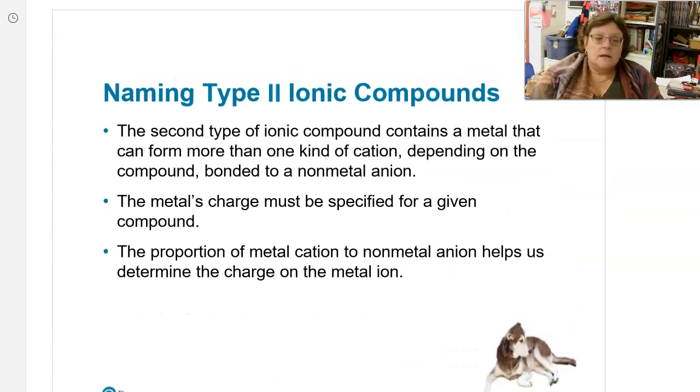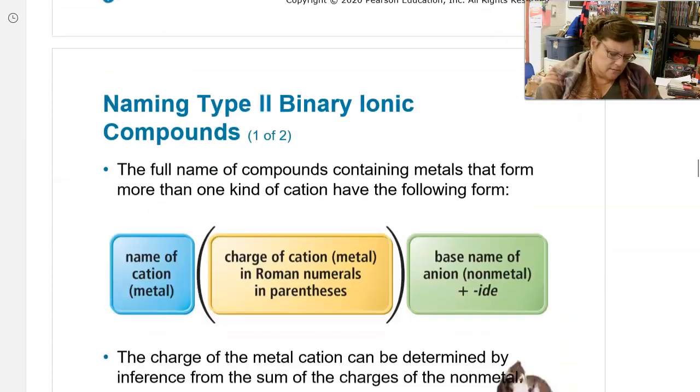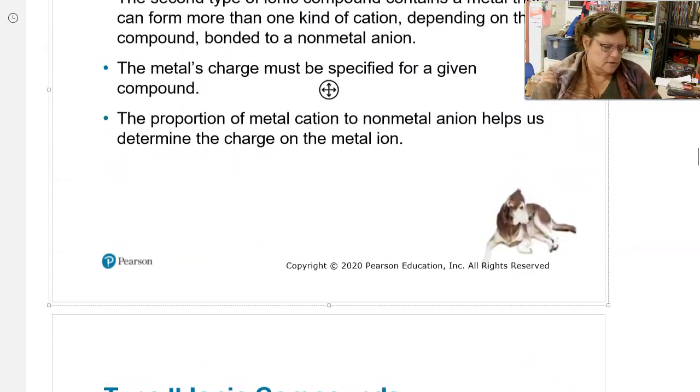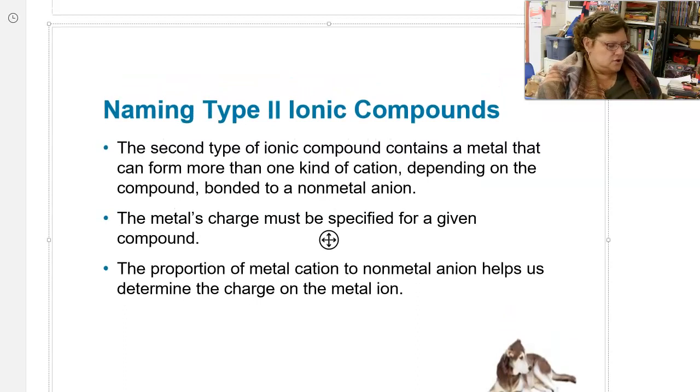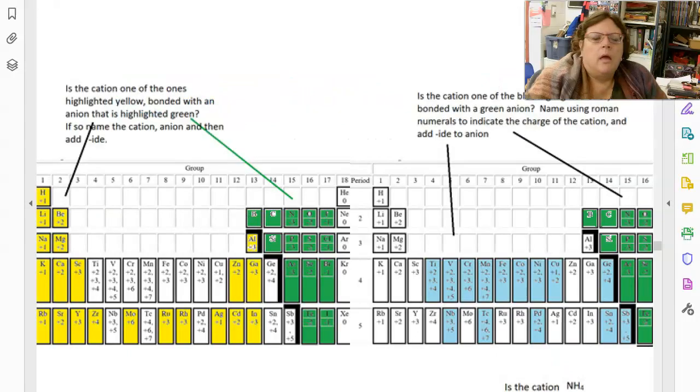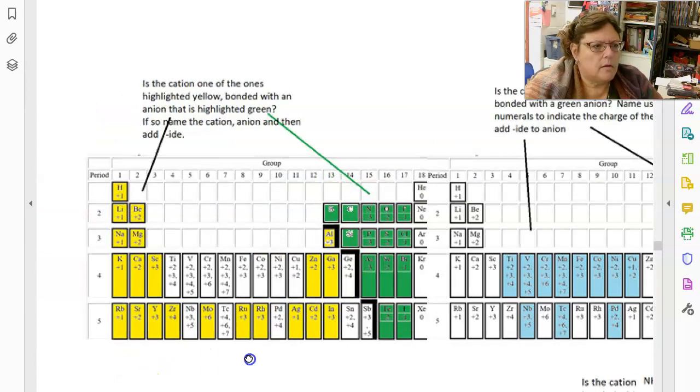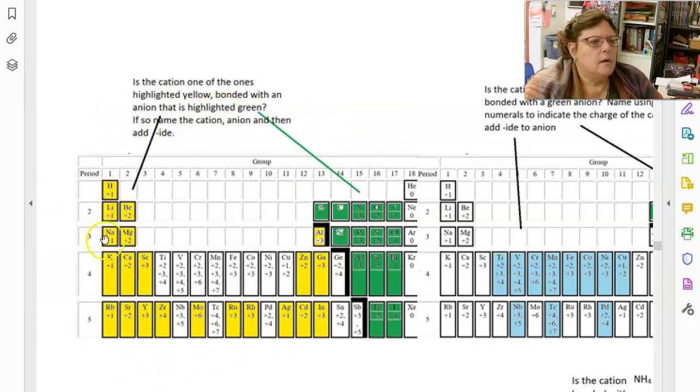All right. Type 2 ionic compounds have a metal that's multivalent. I don't know if we have a picture in here of those. We do not. So hold on just a moment. All right, so I found this document. If you look here, all the ones in yellow are type 1 ions.